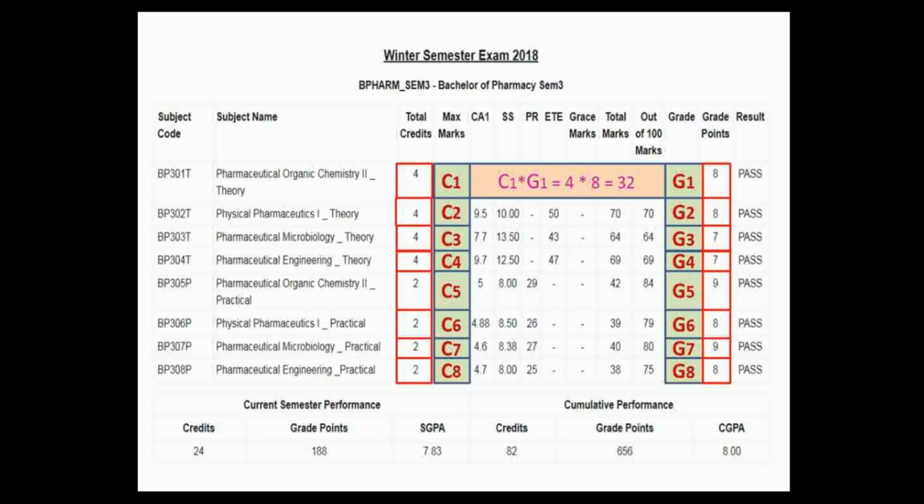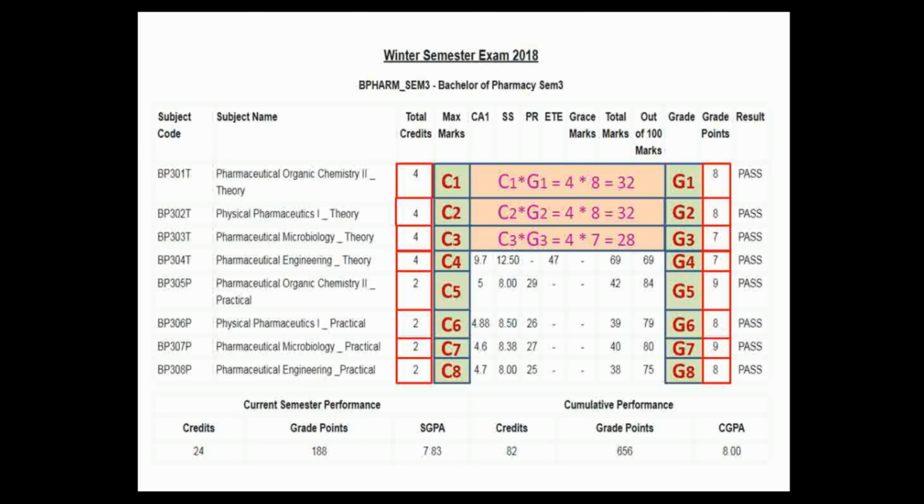Here C1 is multiplied with G1, that is 4 multiplied with 8, which is equal to 32. For subject number 2, C2 is 4 and G2 is 8, so the product of C2 and G2 is 32.